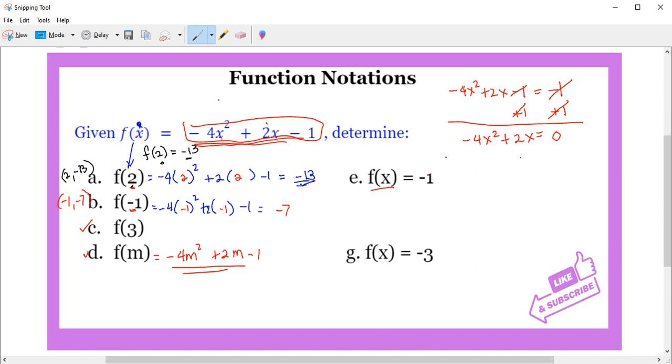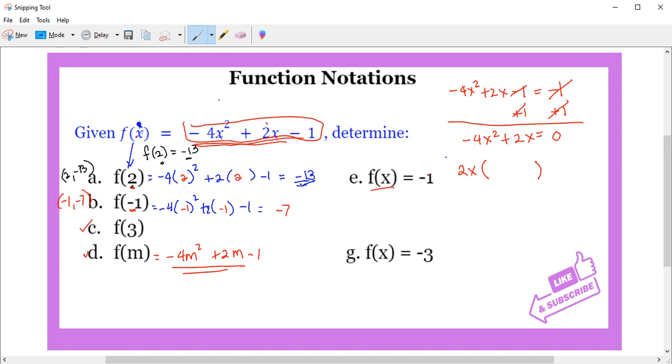How do we factor this so that we can solve? The greatest common factor, the number that can divide negative 4 and 2, is 2 or negative 2. I'm just going to choose 2. I'm going to factor out the 2, and for x squared and x, the greatest common factor is x. So now I can factor out 2x.